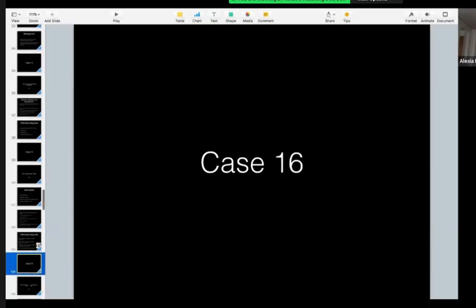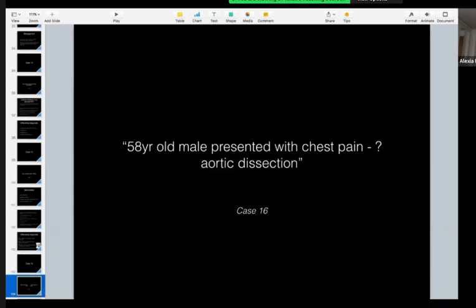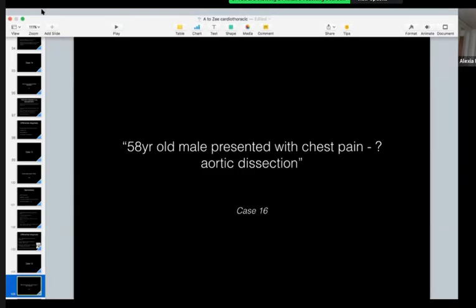Next case, 16. This is your history. It's a 58-year-old male who presented with chest pain, and they're querying aortic dissection. So I'll prepare the images for you.